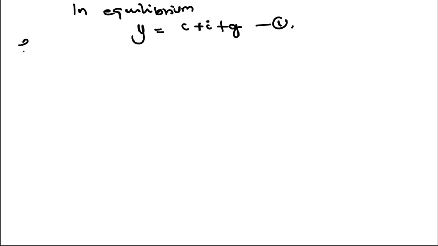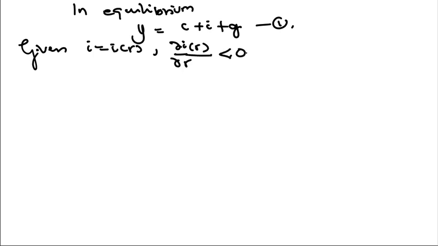And given that investment is a function of interest rate, and given that by theory, investment and interest rate is actually negatively related, we can rewrite 1 as the following.